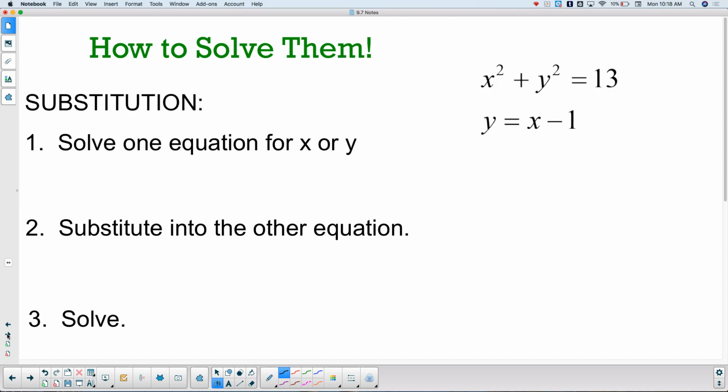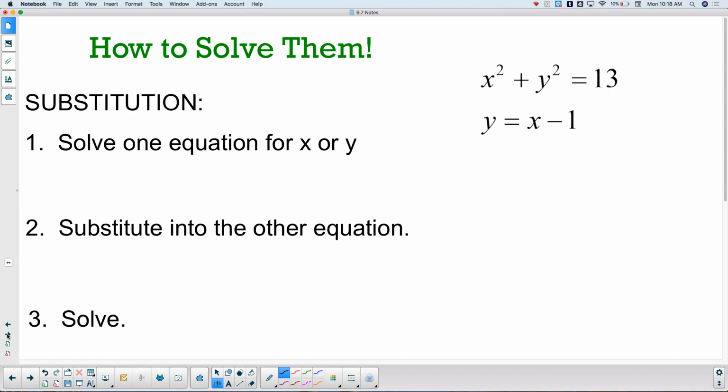So if I'm looking at x squared plus y squared equals 13 and y equals x minus 1, which equation, which variable would you solve for? Y. Because it's already done for you.